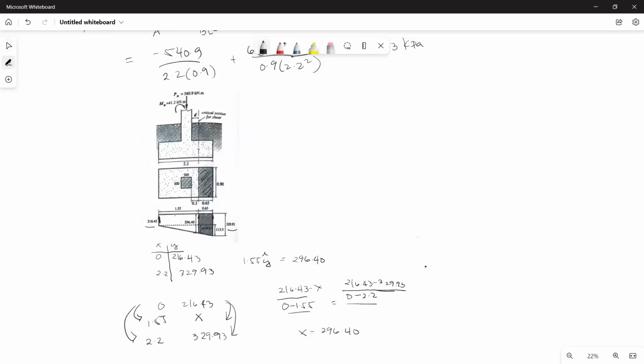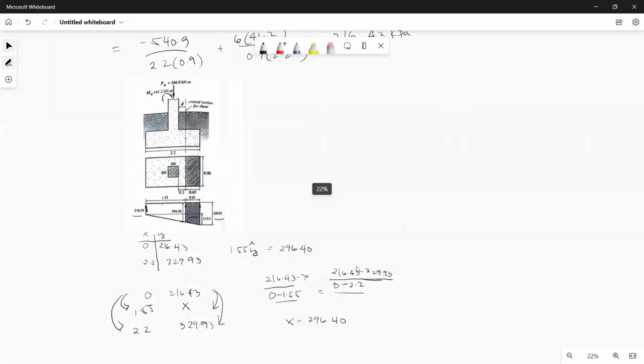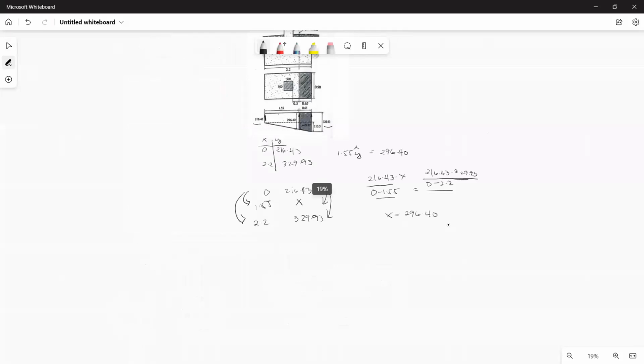Okay, so ang gagawin natin for the PU sub W, basically that is the volume of the soil pressure. Di ba ito yung may contact? So ito yung contact.